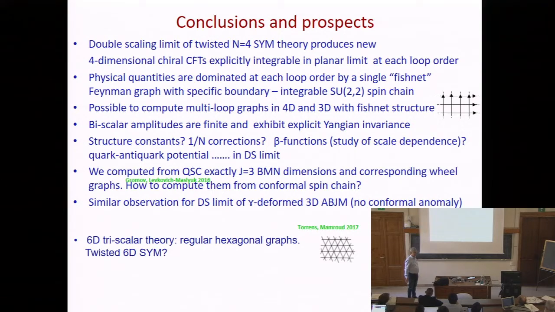Various mixtures of fermions and scalars are also possible. For example, this one, you can have these vertices as Yukawa vertices. You have a scalar and a fermion in each vertex, and it will be in 4 dimensions also an integrable graph.